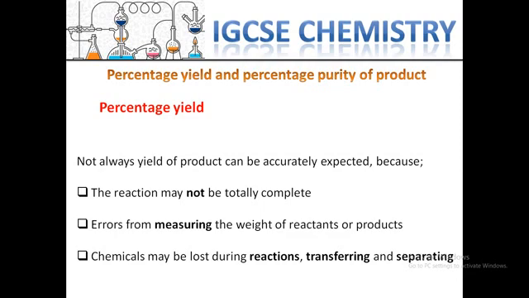This error cannot be removed at all, but scientists always try to find a correct value and accurate result. Another reason is that chemicals may be lost during reaction, transferring, or separating.